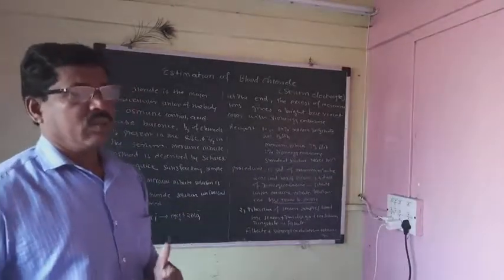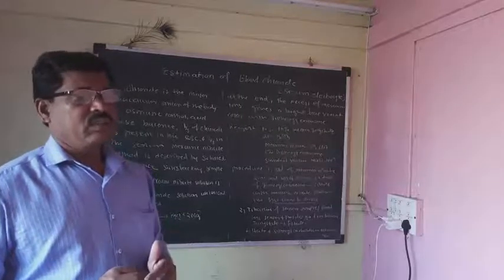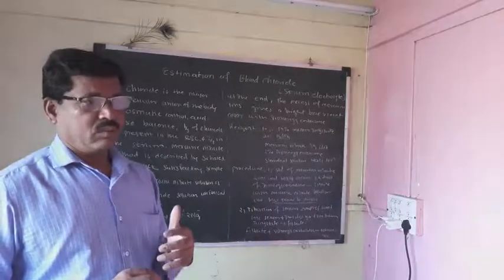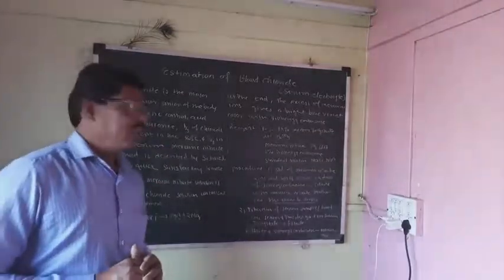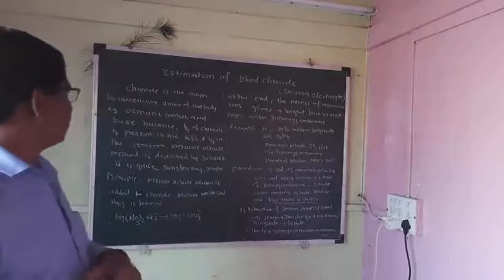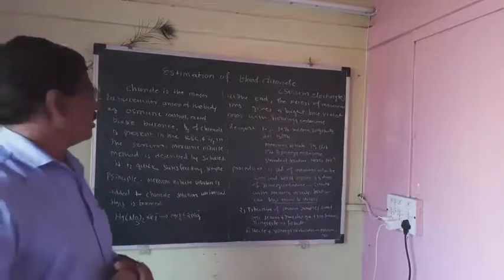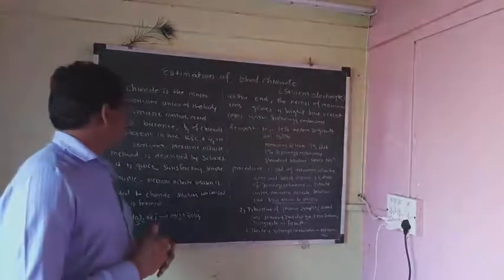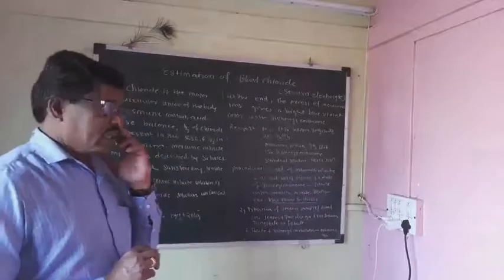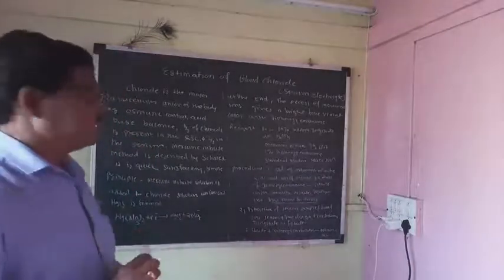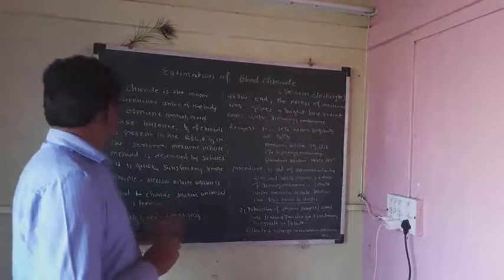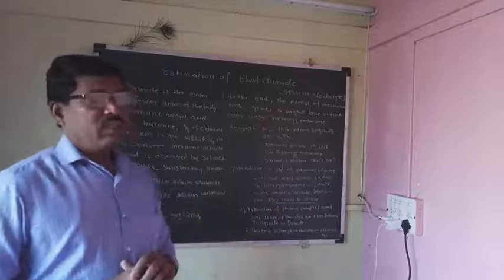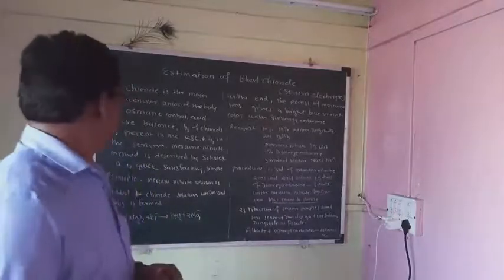The extracellular contains sodium chloride ions, and these chloride ions maintain the osmotic control, acid base balance, and therefore one third of chloride is present in the red blood cell, and two third in the serum.